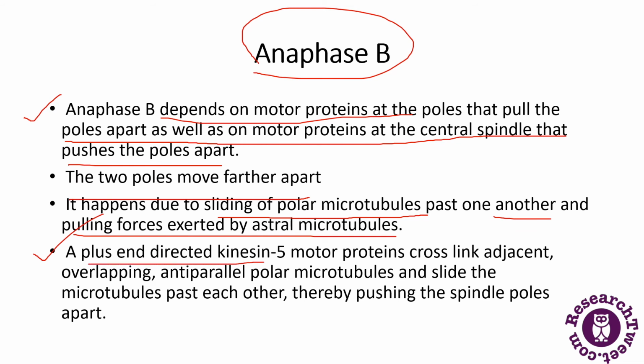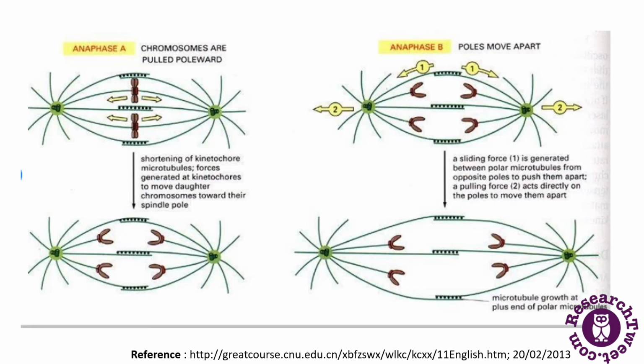A plus-end directed kinesin 5 motor protein cross-links adjacent overlapping antiparallel polar microtubules and slides them past each other, thereby pushing the spindle poles apart. So this was about anaphase.